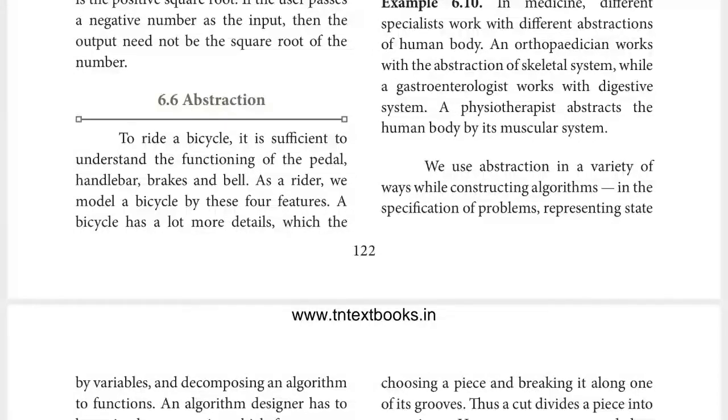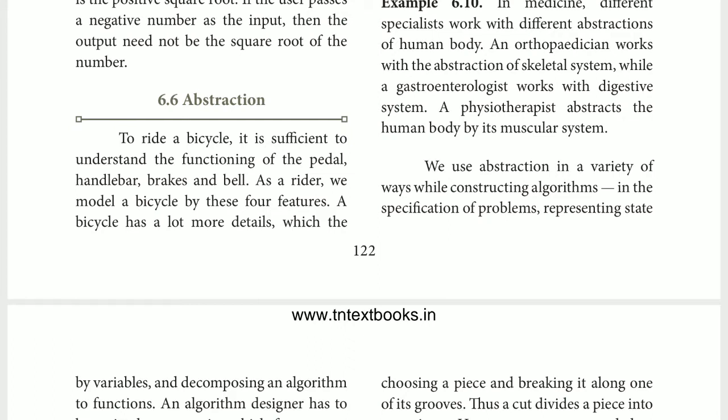Next is abstraction. Abstraction means hiding some details into a variable or a value. Take an example, a car or a bike. You just put the key in the keyhole and start the bike, and it will move on. But in the background, so many processes are running. When you put the key in the keyhole and switch it on, the battery gets switched on.